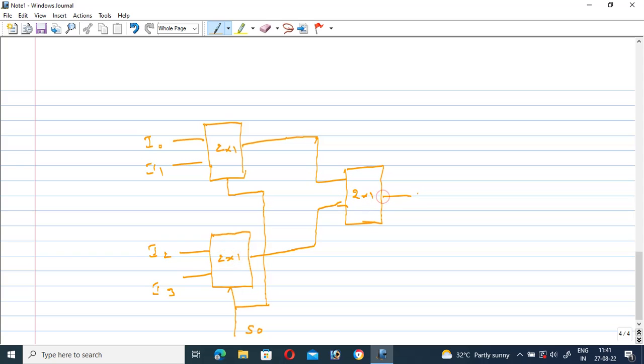So this is nothing but the output. I will call this selection line S1. So based on this, a 4x1 mux can be designed with the help of 2x1 multiplexers. This is the way you have to select.